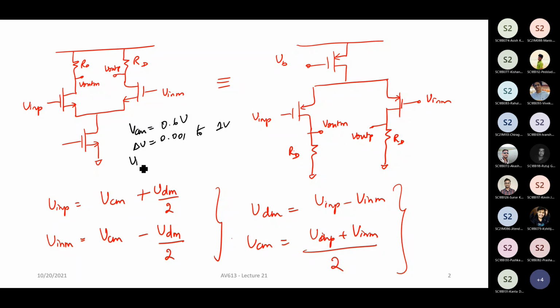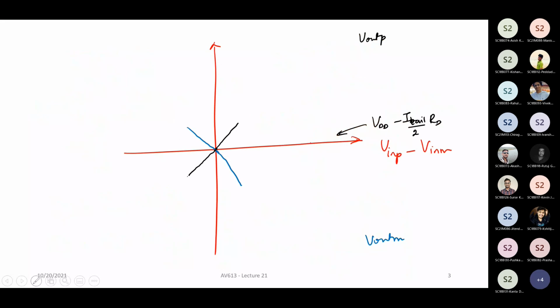So V in P will now become, okay, let me write it in the other slide. Let us say VCM to be 0.6 volt, and delta V to be 0.5 volt, which means that V in P is given by VCM plus delta V by 2, and V in M is given by VCM minus delta V by 2.